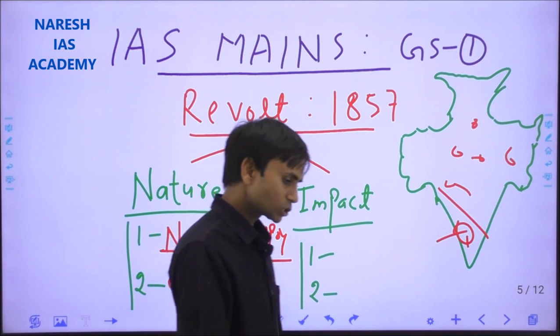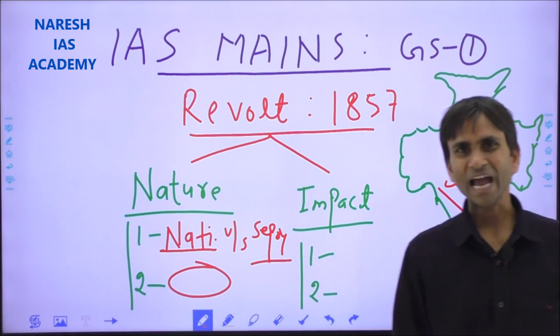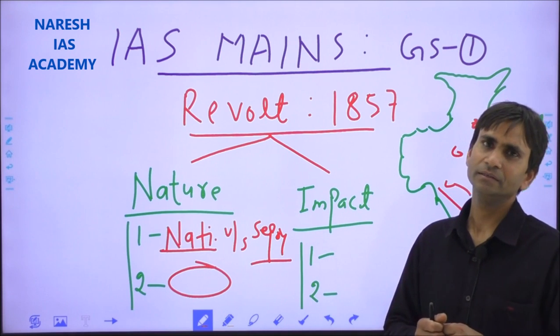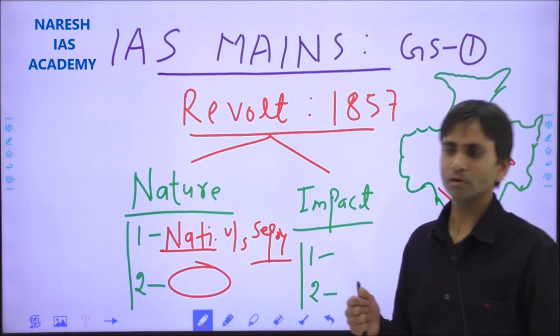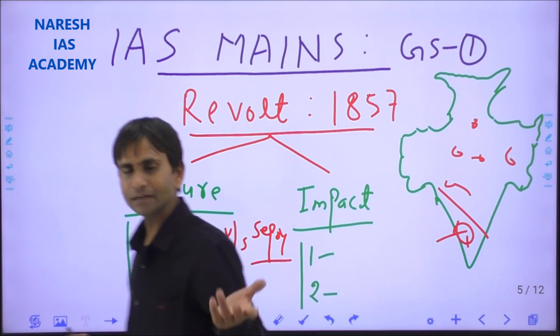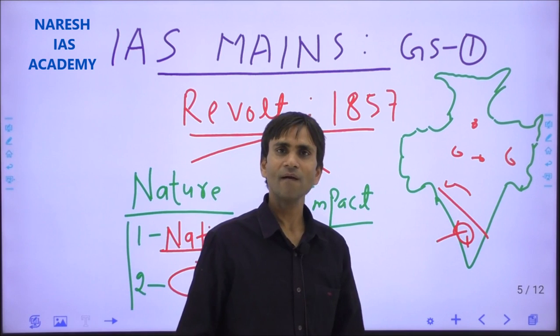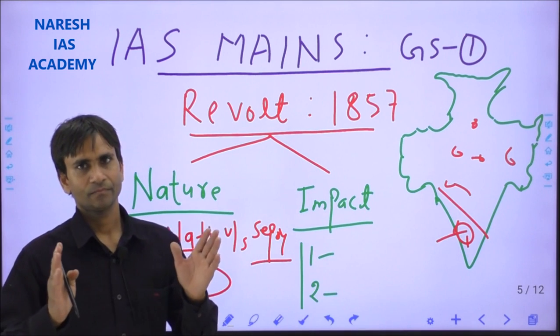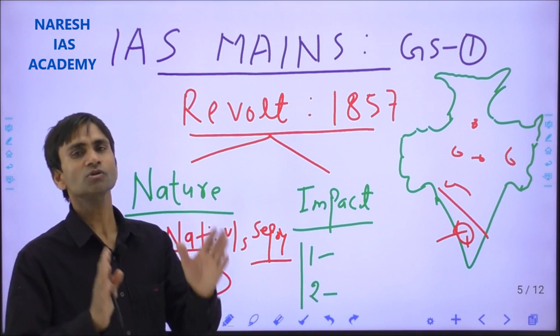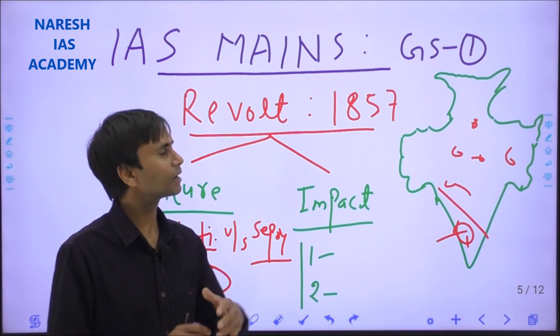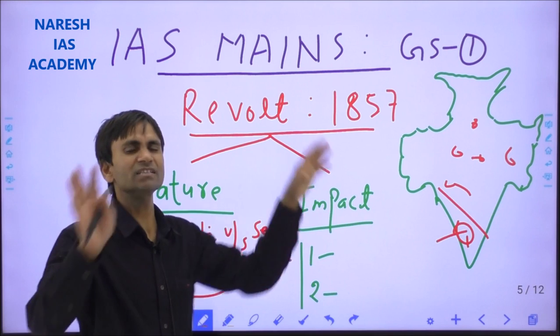Second, some historians agree and admit it was simply a sepoy mutiny. And why? Because it started through the sepoys of Barrackpore station, West Bengal, and mostly the dominance of the army can be seen, and the army led the revolt at the different centers.